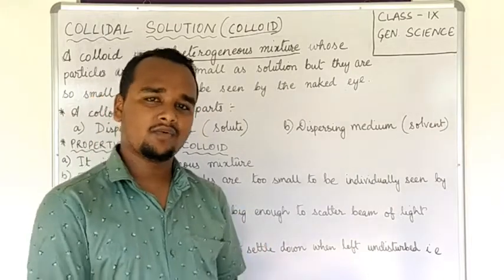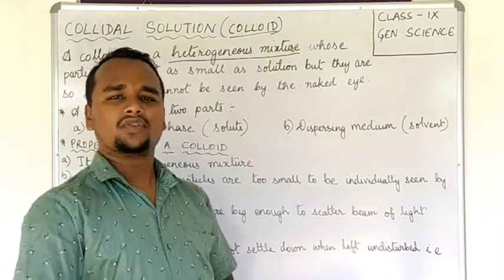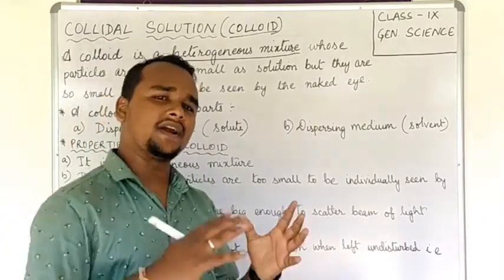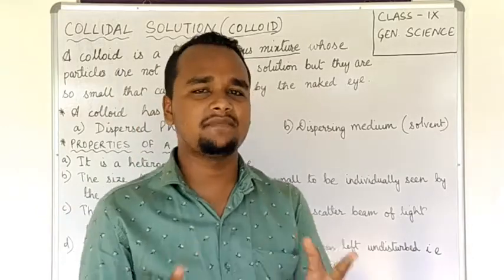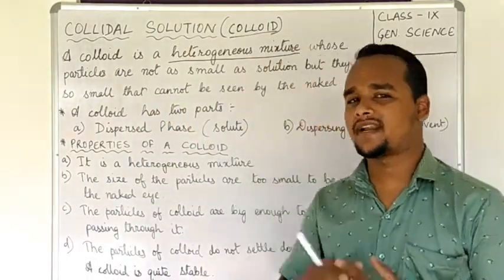That's the reason why they are categorized as a heterogeneous mixture: though the particles cannot be seen by the naked eye, they show most of the properties of a heterogeneous mixture.